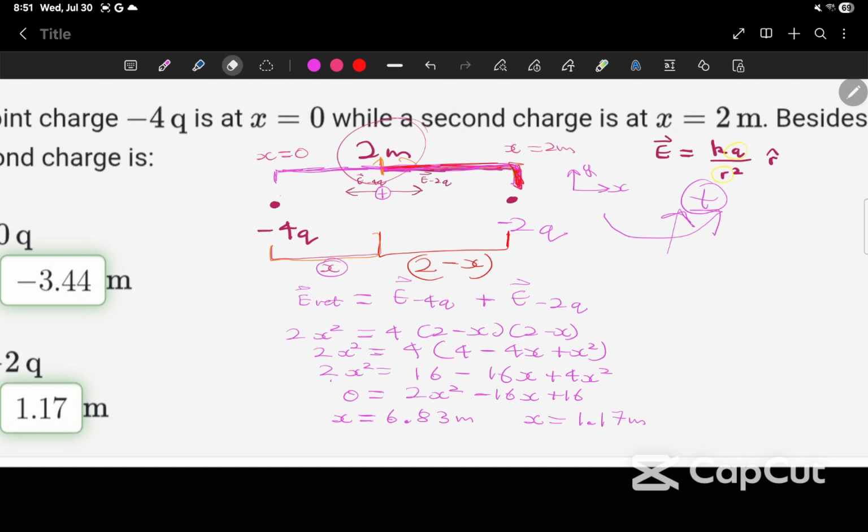Both of the electric field vectors were pointing to the left, so that's why we reject this value. So I'm going to erase it, and that's why we accept 1.17 meters as the displacement. Why? Because it is smaller than 2 meters, as you can see, and it makes more sense now.